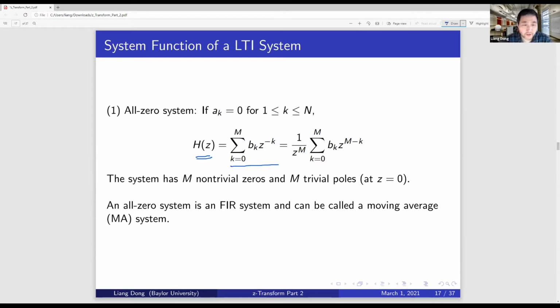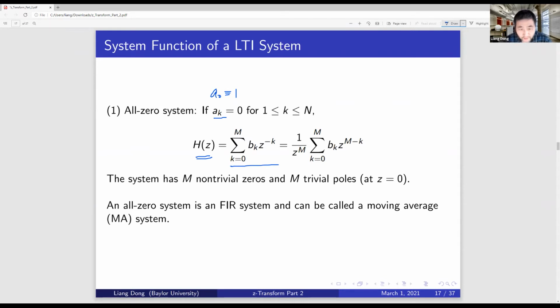The denominator holds the coefficients a. Everything except the first one, a0, which by definition we always normalize to 1, and all the other coefficients a_k, for k from 1 to N, are zeros. Therefore, the denominator is just 1.